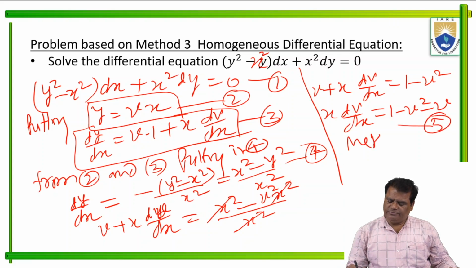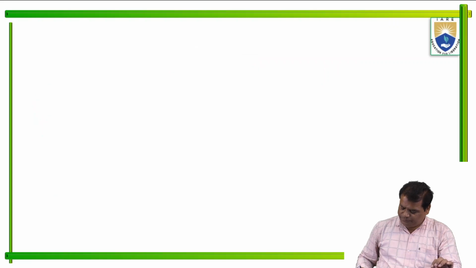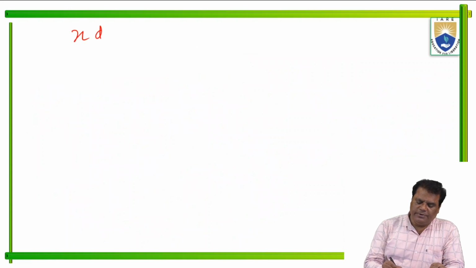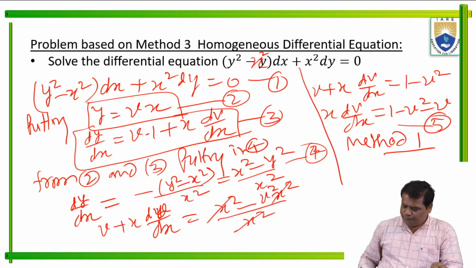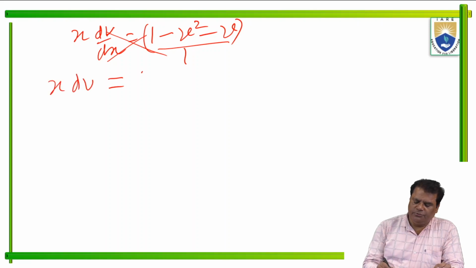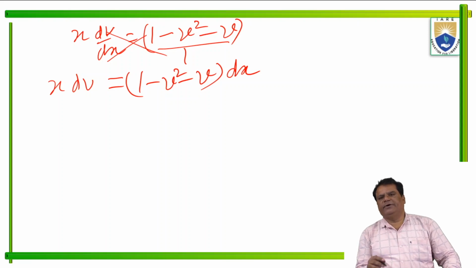Here using method 1, variable separable. Solving now: x dv/dx equals 1 minus v square minus v. Cross multiplying, x dv equals (1 minus v square minus v) dx. Here the variables are not separated, so now we are making the variables separate.